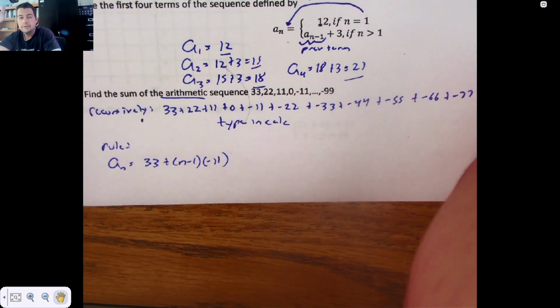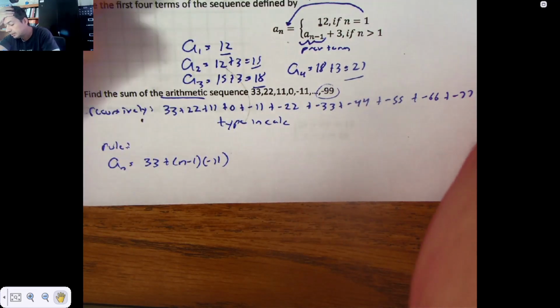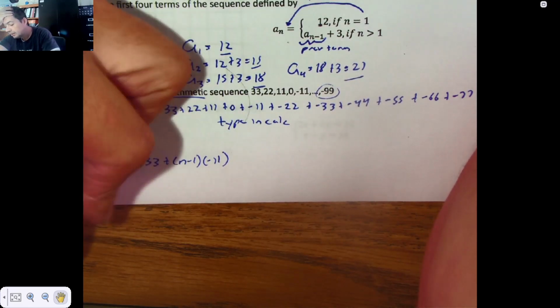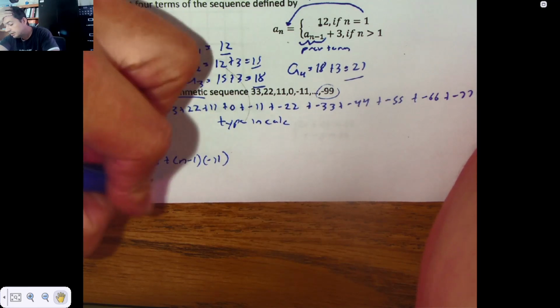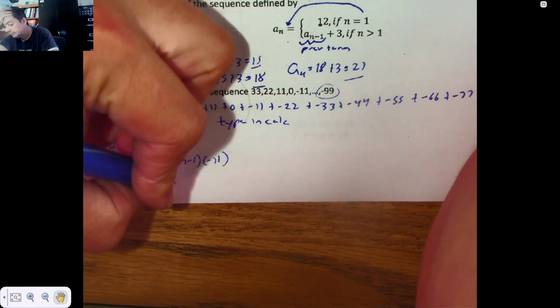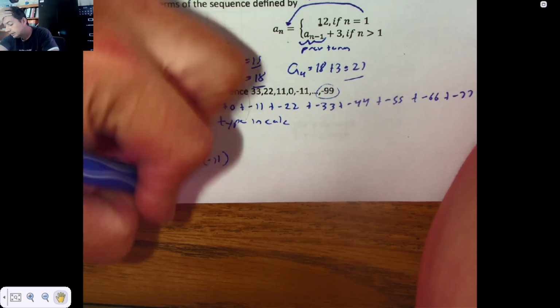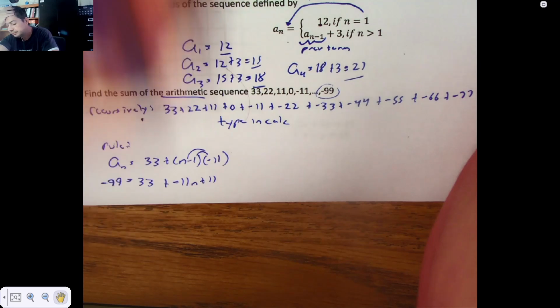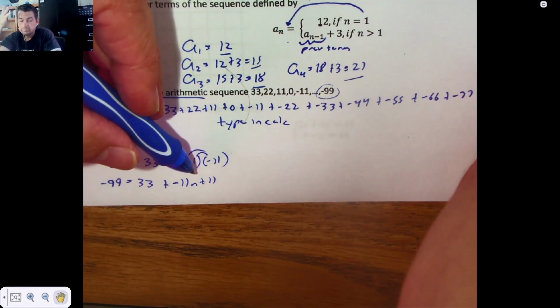Now, how many are there? Like, that's what I want to know. I want to know how many terms there are. So I know that the last term is negative 99. It must be 33 plus negative 11n plus 11. Now 33 and 11 makes 44. I feel like it makes 44.